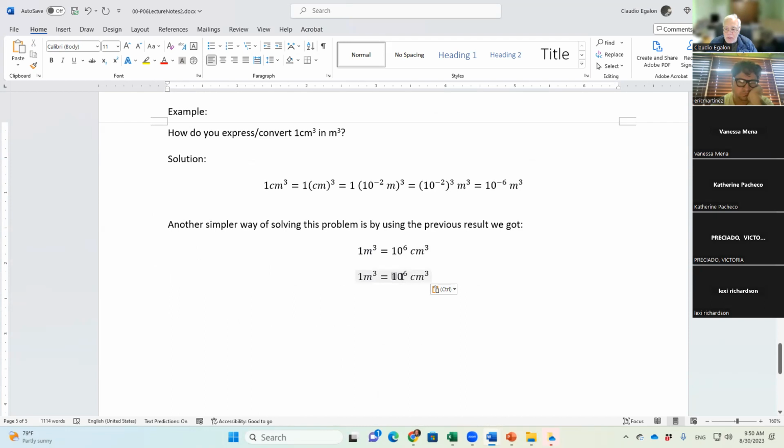Okay, I pass the 10 to the 6 downstairs, right? And then what do we get? We get 10 to minus 6 cubic meter, like that.